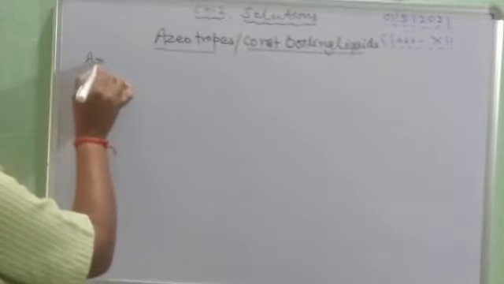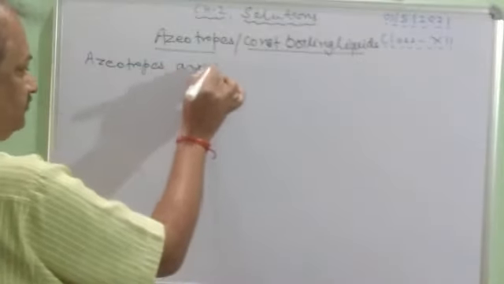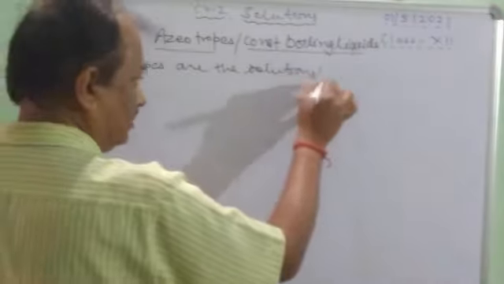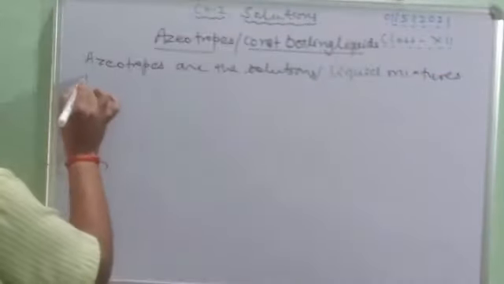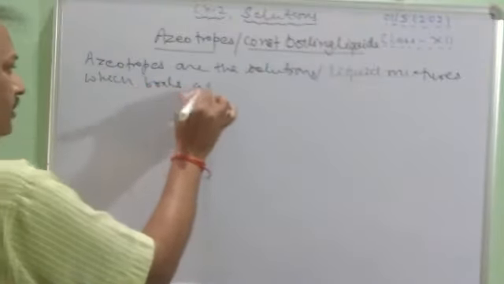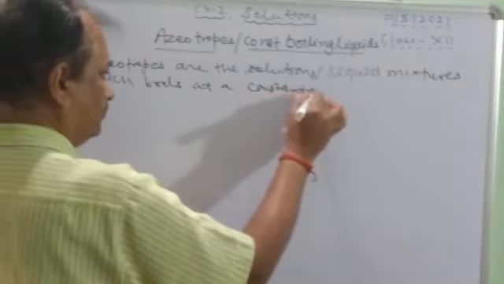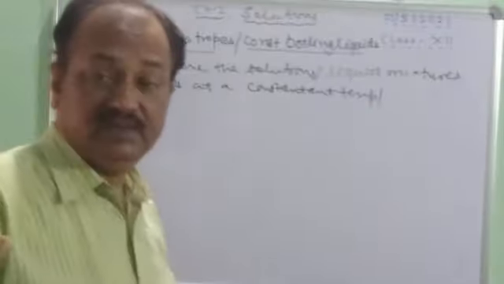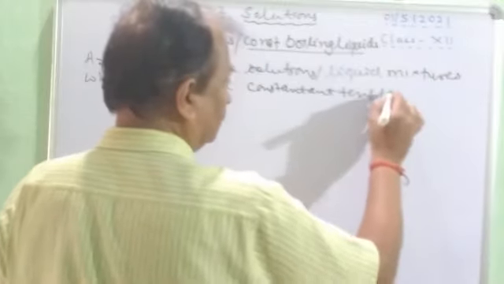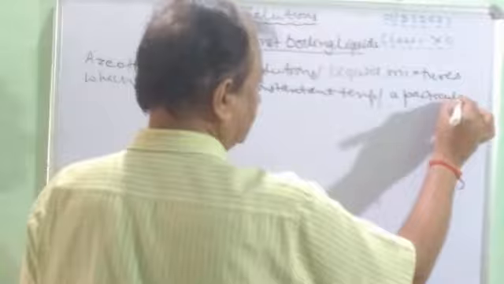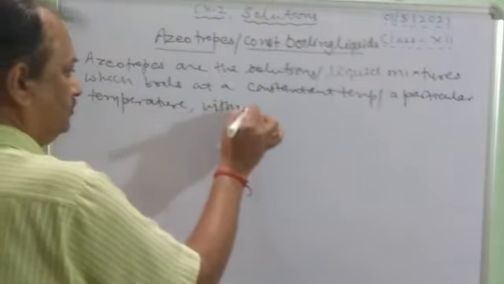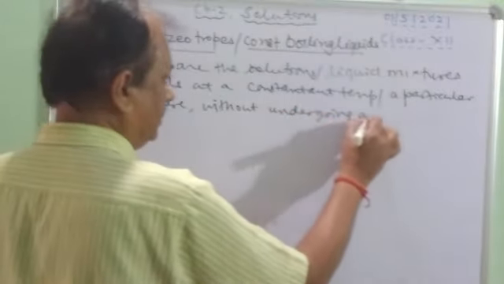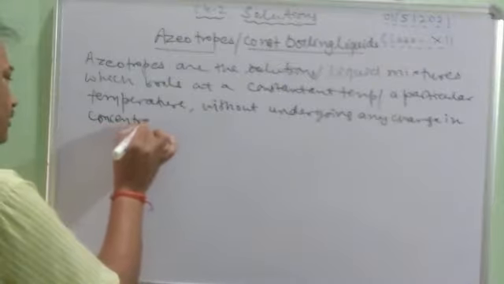So azeotropes are solutions, or we may say liquid mixtures, which boil at a constant temperature, or they have their own boiling point, or a particular temperature, without undergoing any change in concentration.